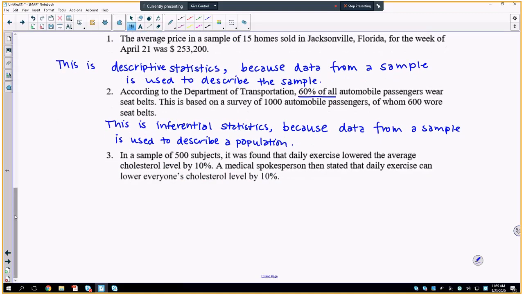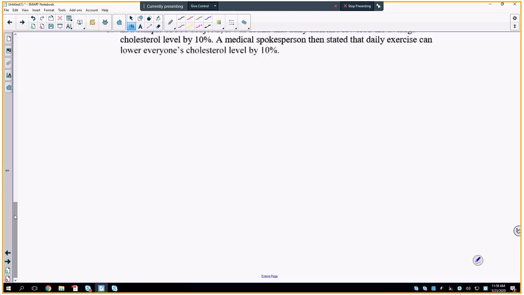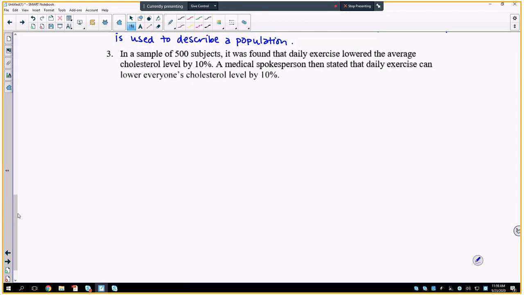A third example: in a sample of 500 subjects, it was found that daily exercise lowered the average cholesterol by 10%. A medical spokesperson then stated that daily exercise can lower everyone's cholesterol by 10%.